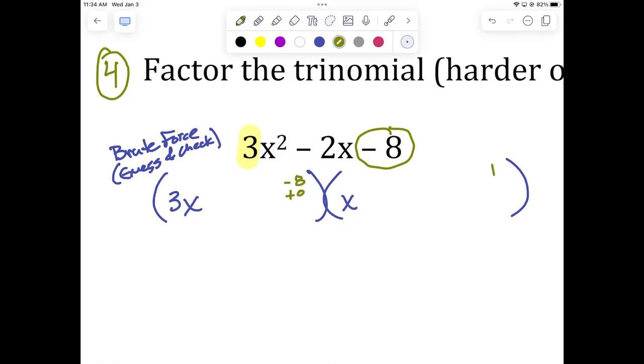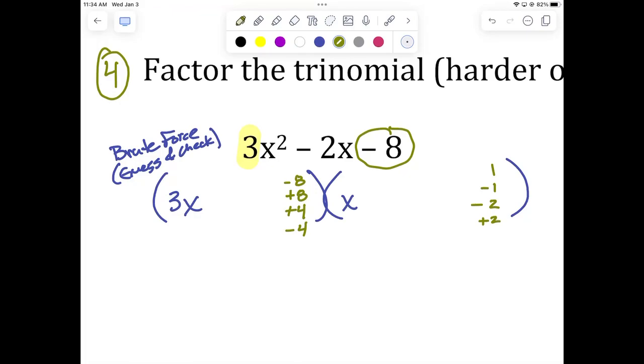It could be a positive 8 and a negative 1. Or it could be a positive 4 and a negative 2. Or a negative 4 and a positive 2. There's only 4 possibilities, right? Would you agree? The brute force method just says try them all out.